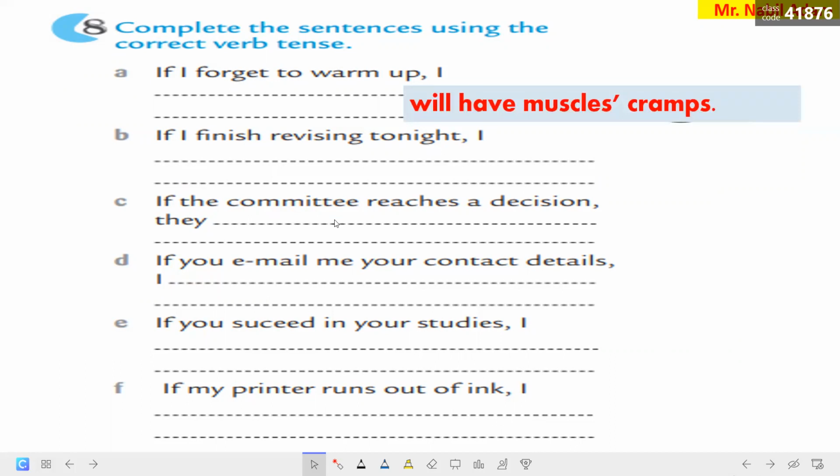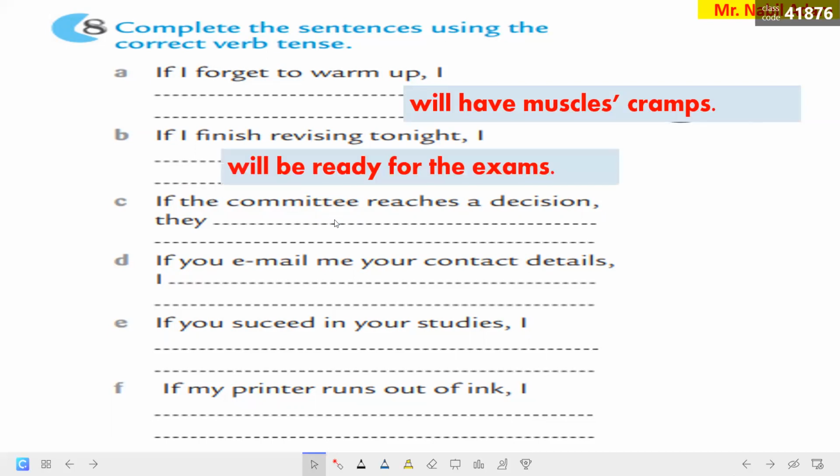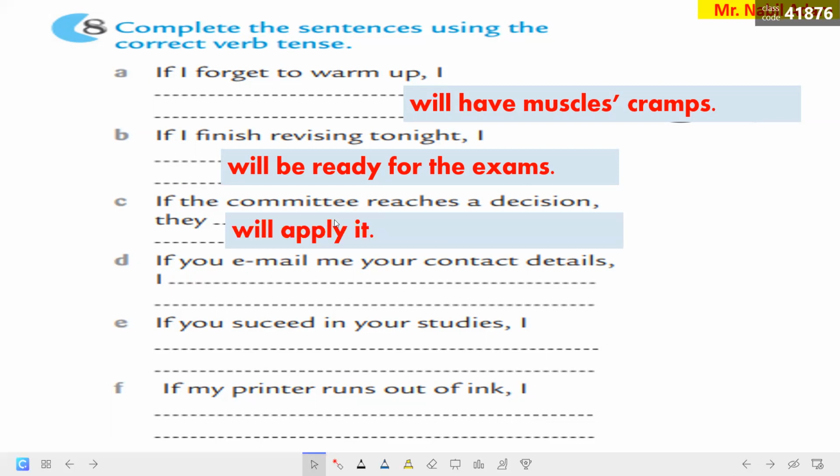I will have muscle cramps. If I finish revising tonight, I will be ready for the exams. If the committee reaches a decision, they will apply it.